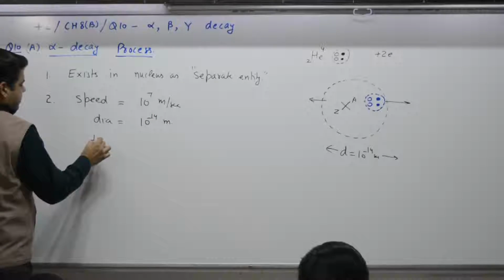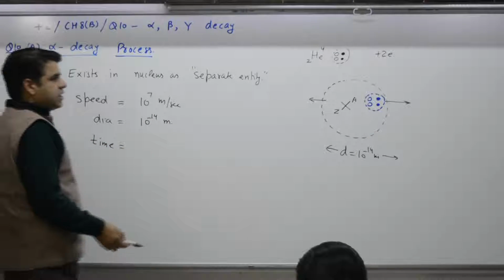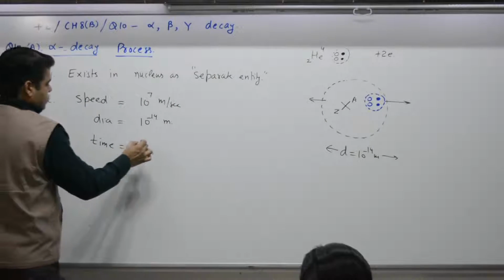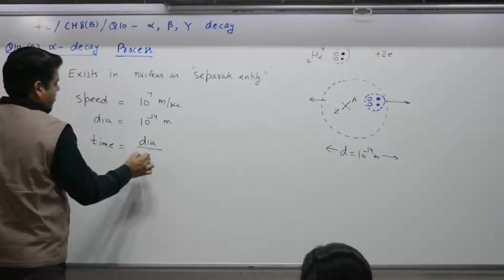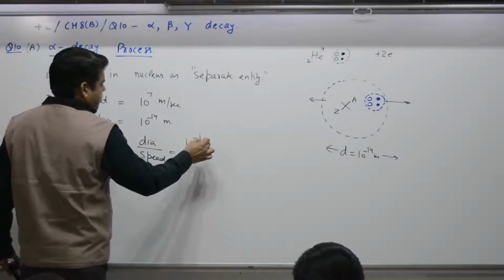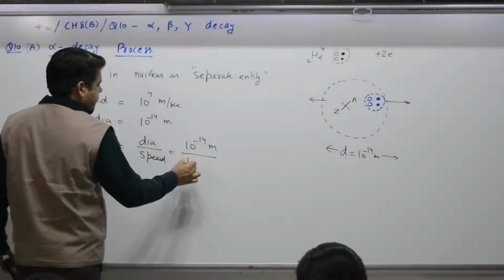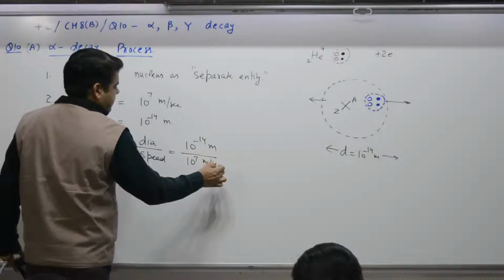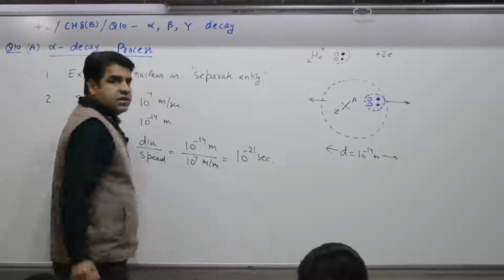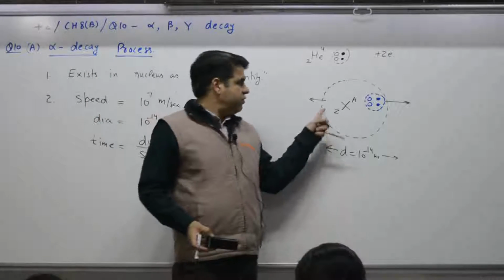The time taken for this particle to move from one point to the other is distance by speed. Diameter 10 to the power minus 14 meters, speed 10 to the power 7 meter per second, so time is 10 to the power minus 21 second.